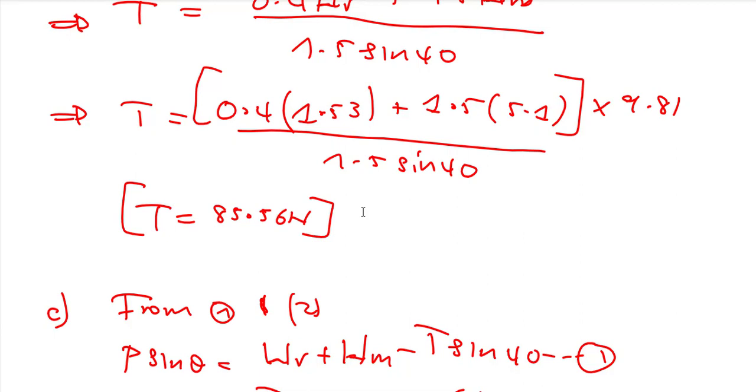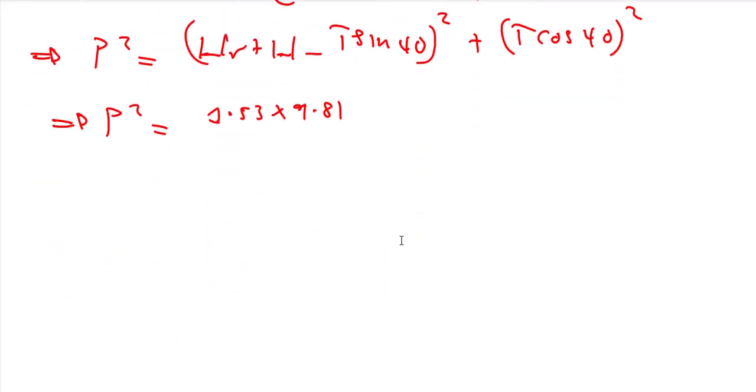Let's please use 9.81 so that we are very precise. It's advanced level, so g is not 10. The tension is 83.94 Newton.